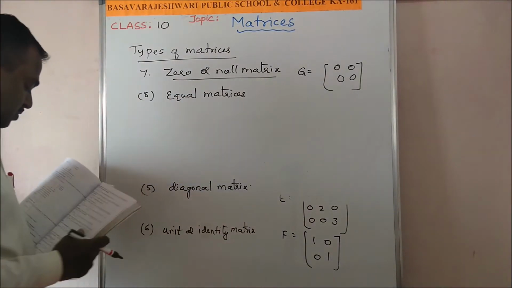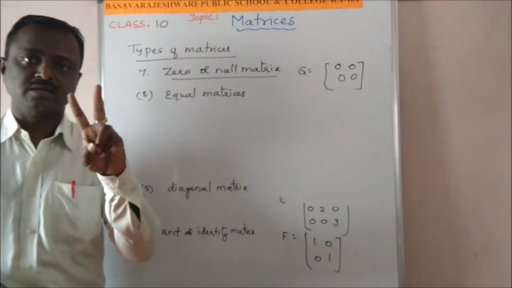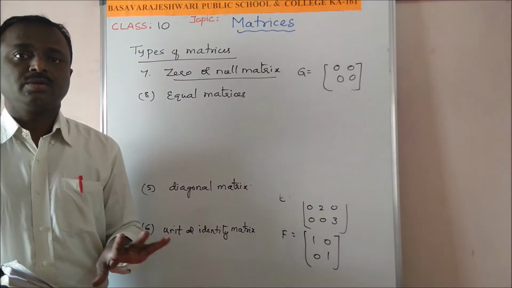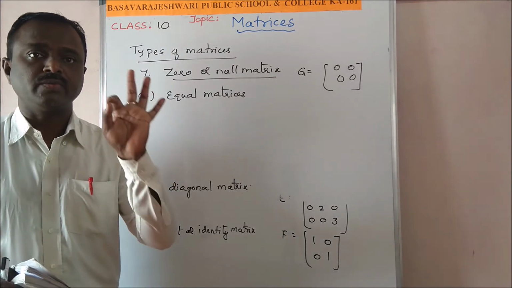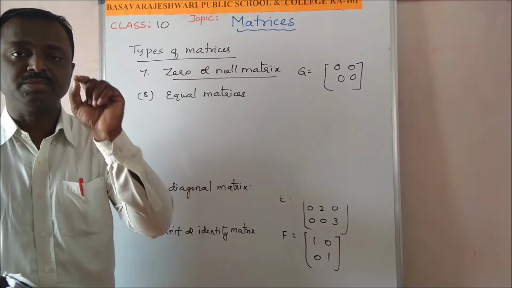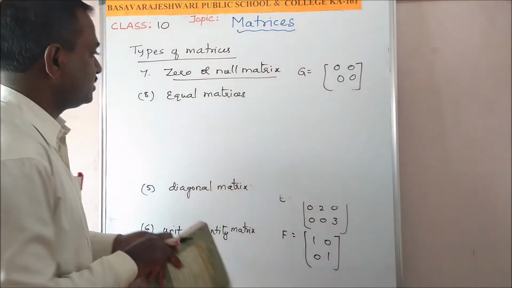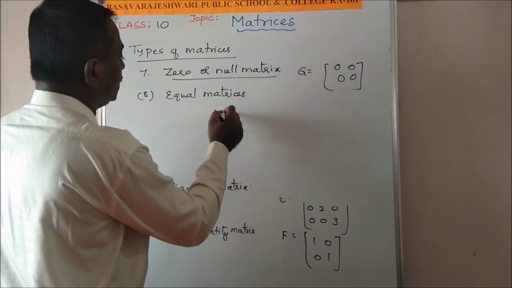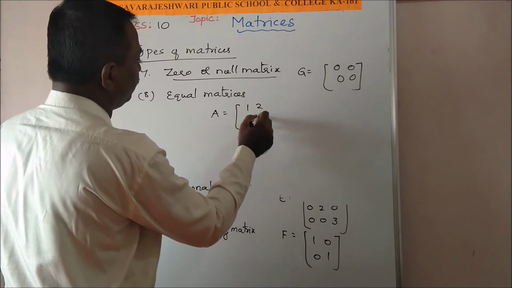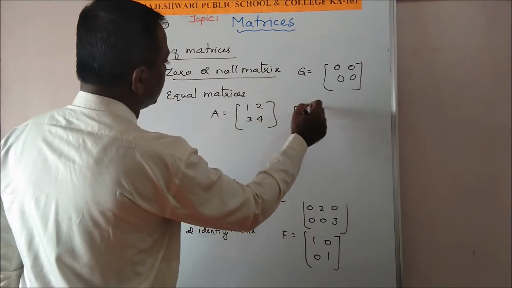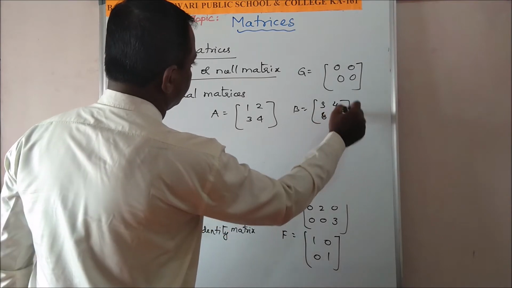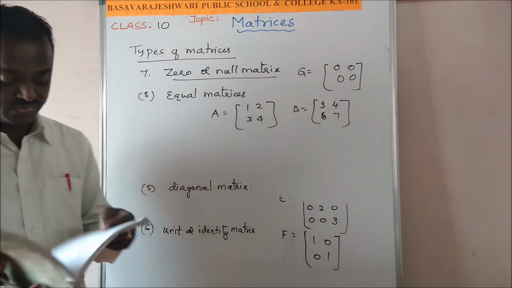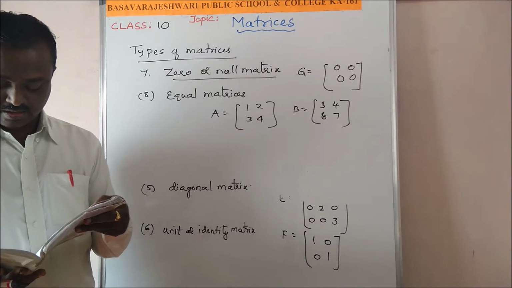Equal matrices. We can say that two matrices are equal when they have the same order. For example, A is equal to 1, 2, 3, 4. B is equal to 3, 4, 6, 7. They should have the same order.